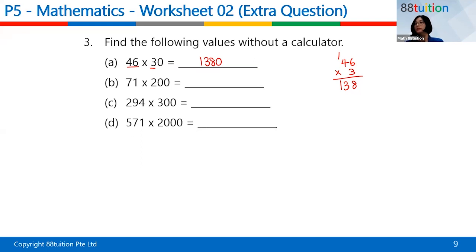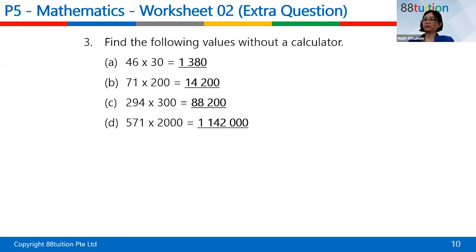Let's see. I have your answer. I think you have trouble with C. Why is that so? C, you both get it wrong. Okay, let's do it together then. Why? C is very hard, is it?